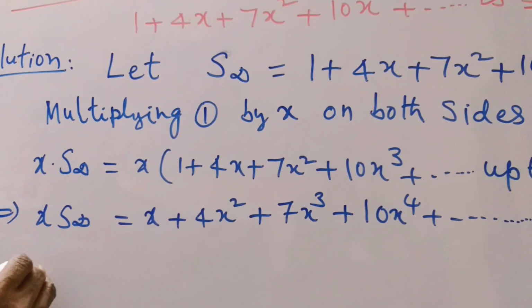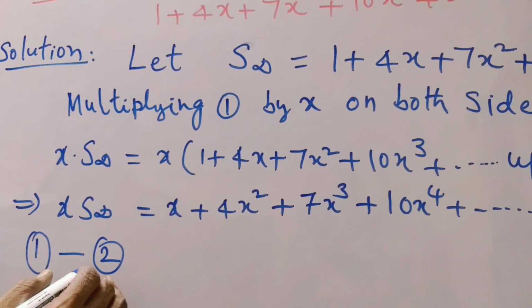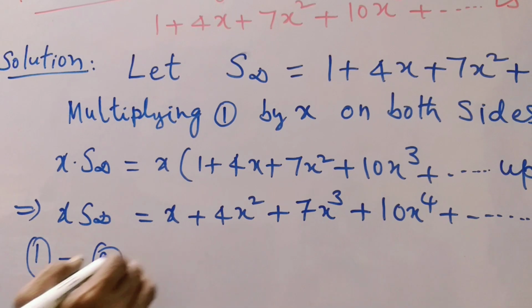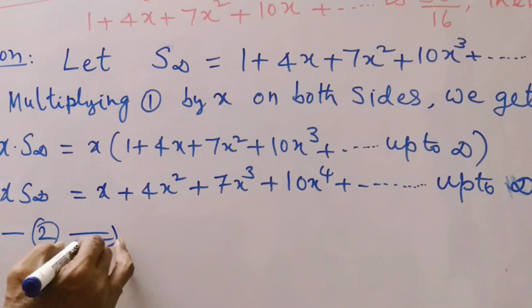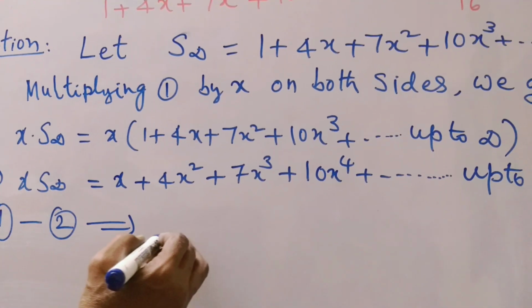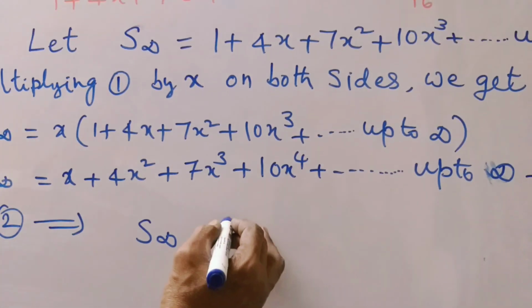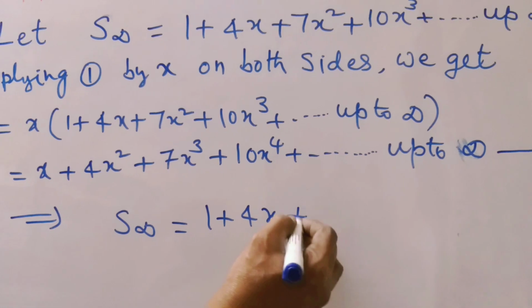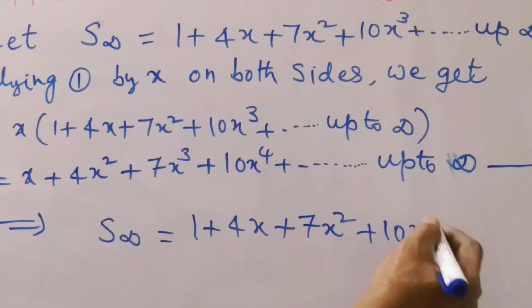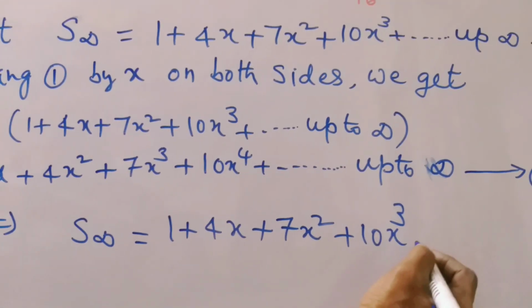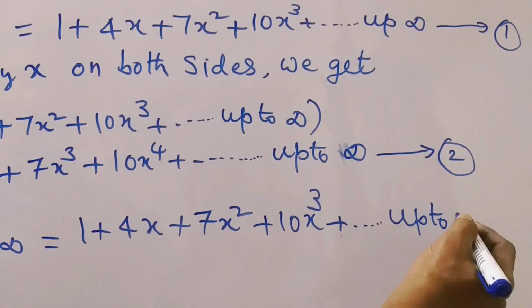Now subtract the second one from the first one. S infinity is equal to 1 plus 4x plus 7x square plus 10x cube plus and so on up to infinity.